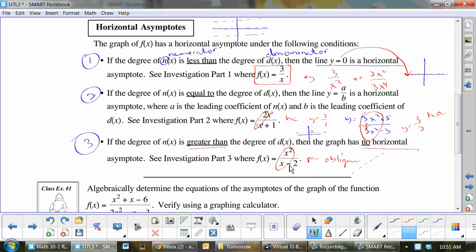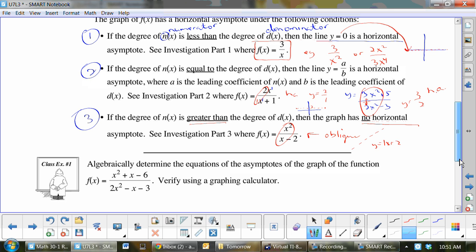So if you took this divided by this, you get x plus 2. So x plus 2 has a slope of 1 and a y-intercept of 2. You should remember that, y equals mx plus b. So that's how you can just divide them.